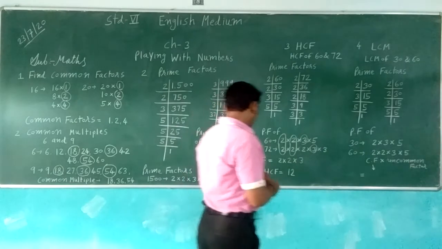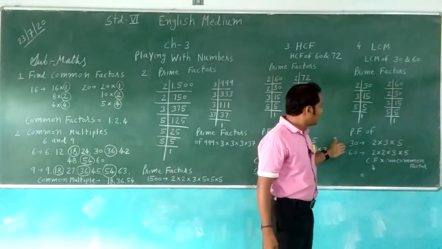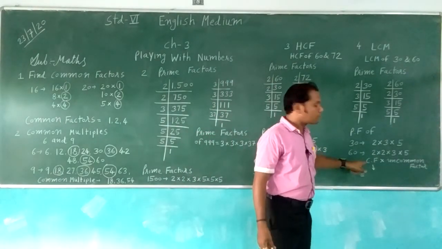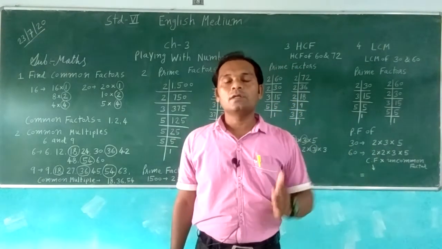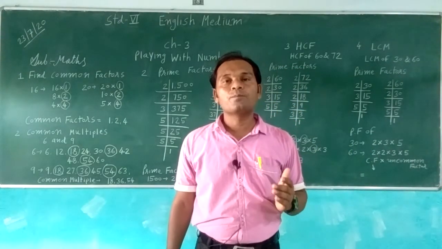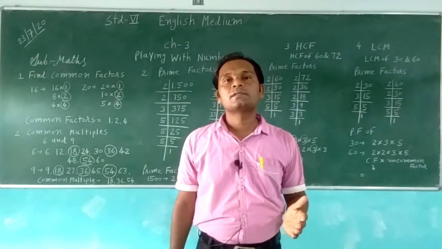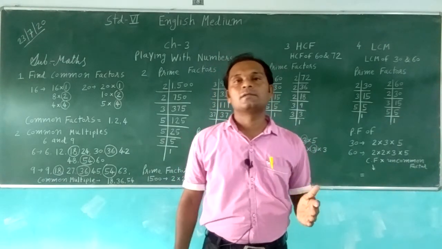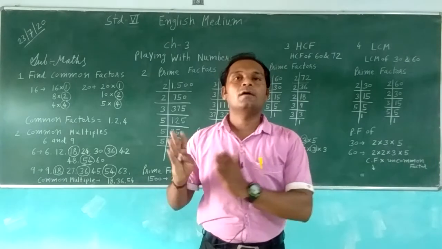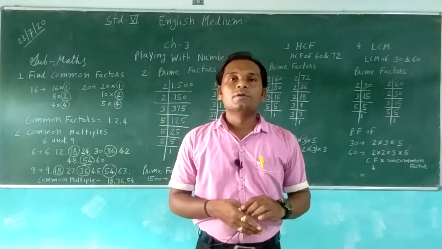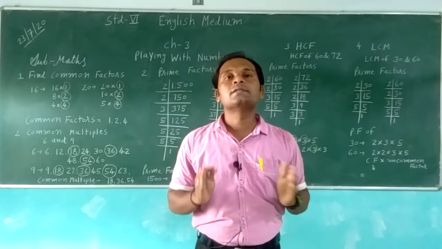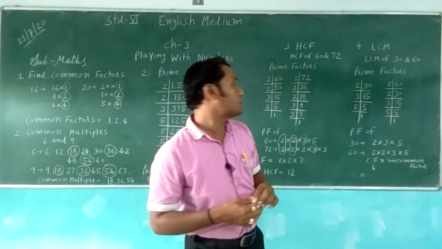First of all, we need to find the common factors. You have to remember, LCM is the multiplication of common prime factors and uncommon factors. We will multiply the common factors and uncommon factors, then we will have the LCM of the given numbers.